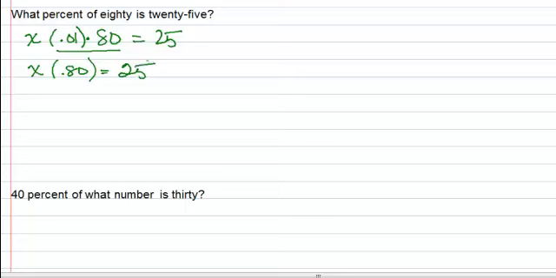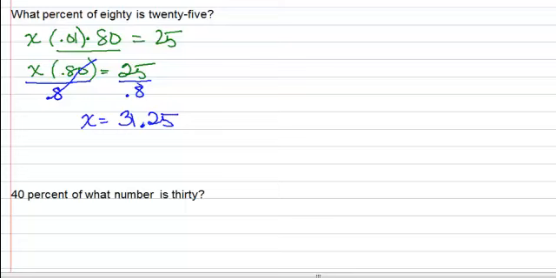I put the 80 there just for those of you who like to see it. You don't need that. And then, of course, our next step is to divide out the number next to the variable. So that leaves me with x, and then we just take 25 and divide it by 0.8, and we get 31.25. And that's all there is to it.